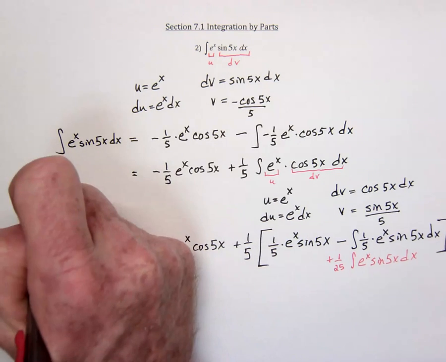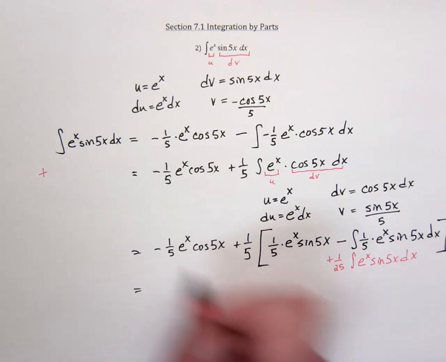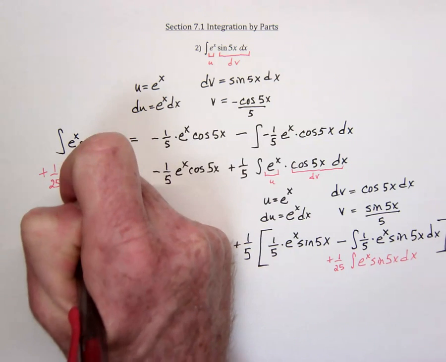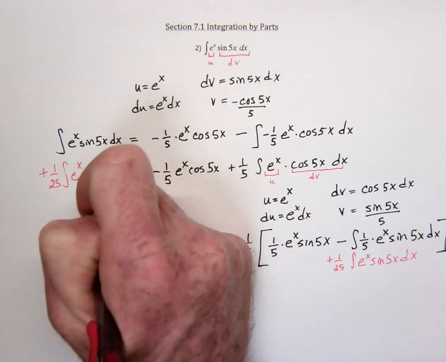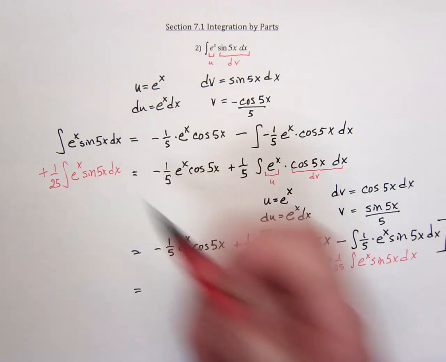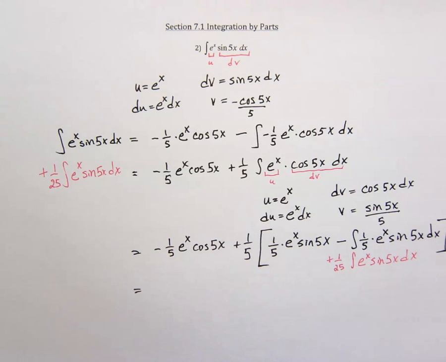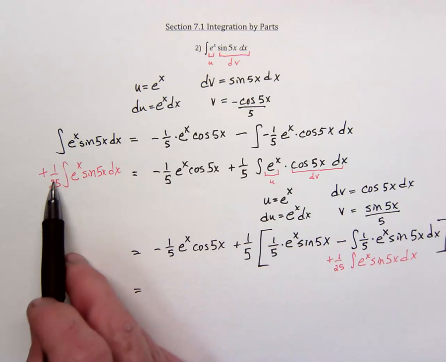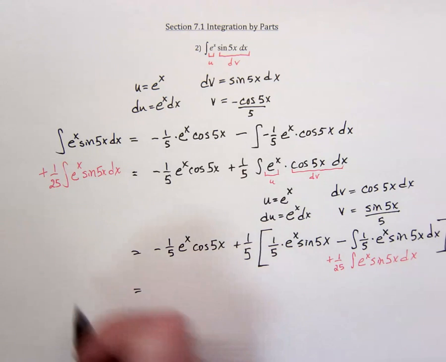So we'll need to add that over here as well. Add 1/25th of our original problem. So consequently we would have 25 over 25 plus 1 more is 26 over 25.